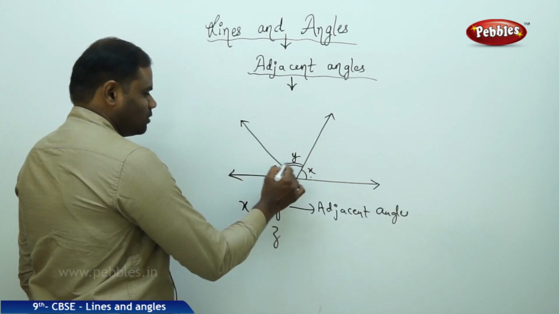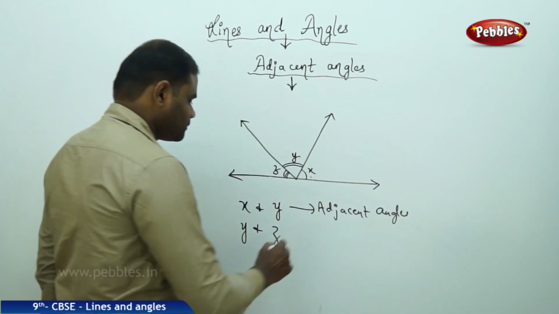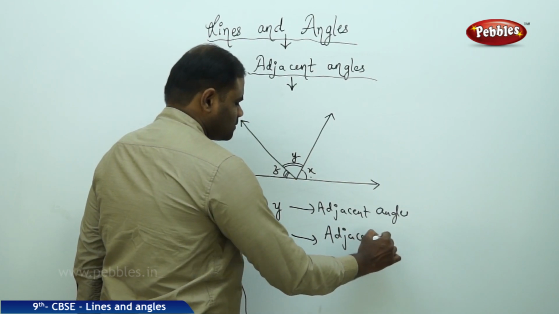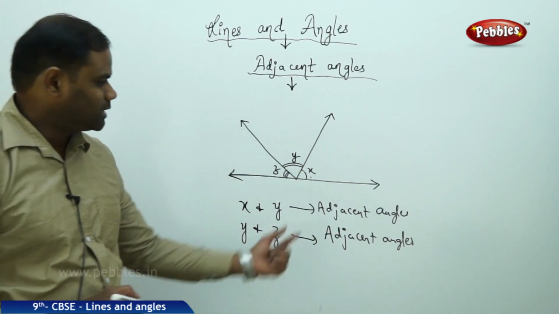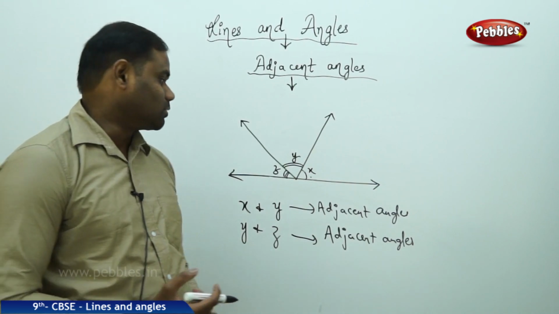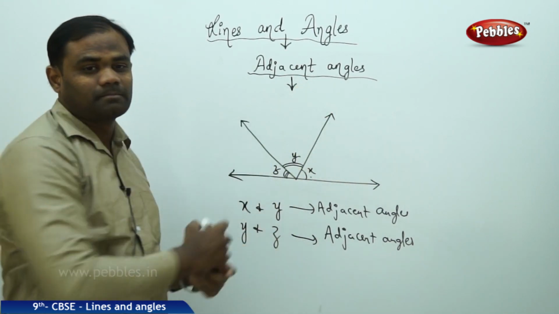Y and Z also are adjacent because they are beside each other. But when I take angle X and angle Z, they are not adjacent because clearly they are separated by the angle Y, as can be seen.